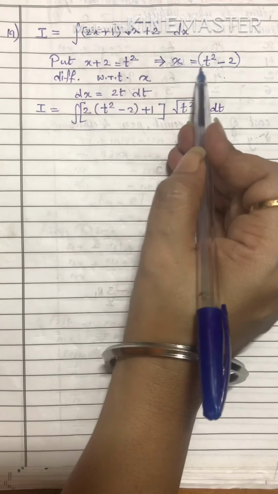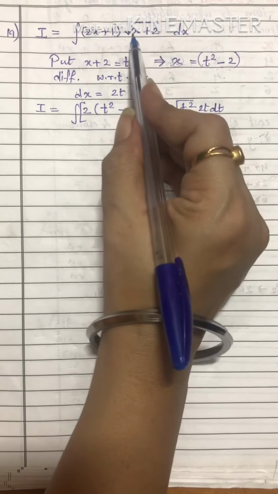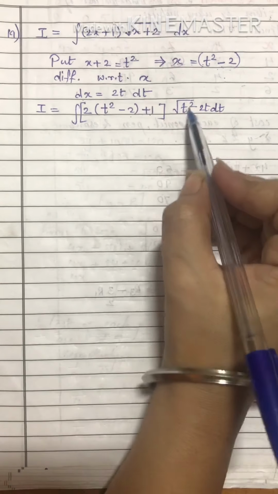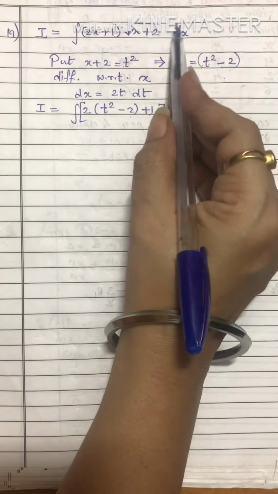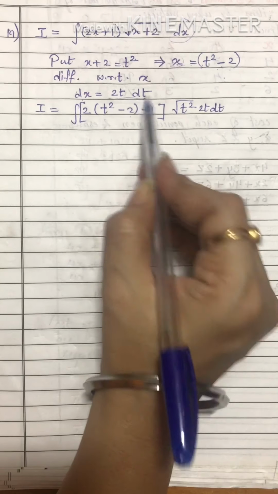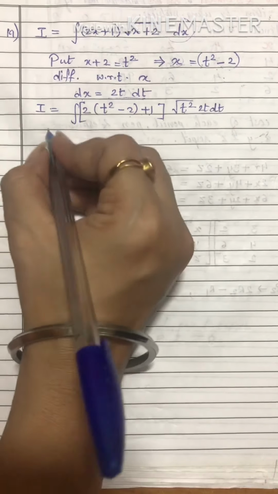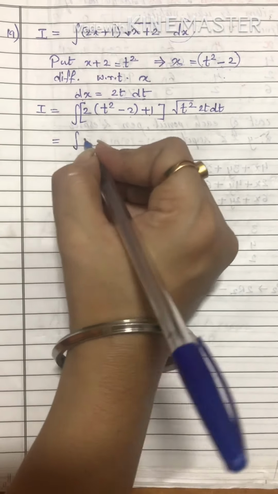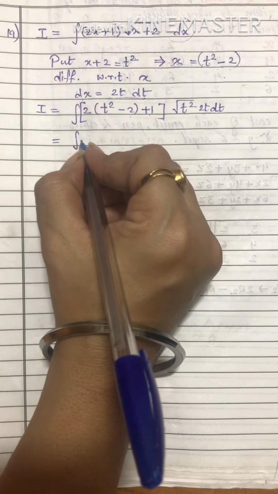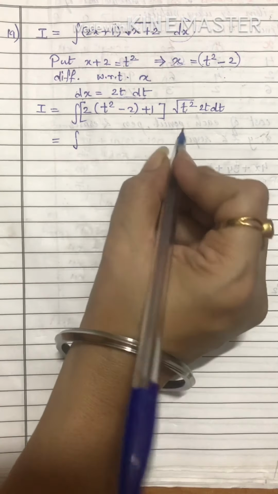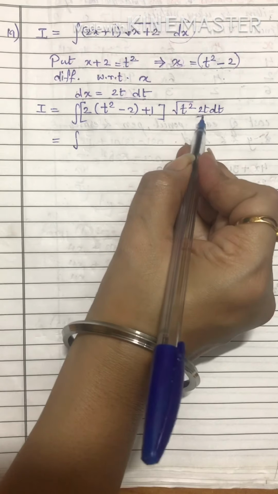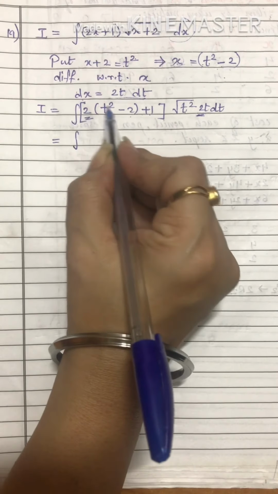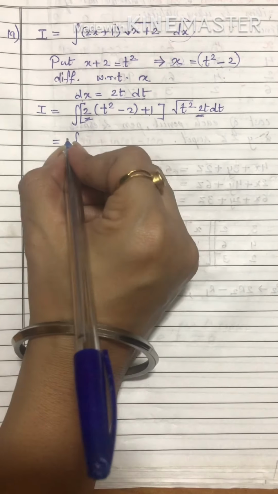Just check how I wrote this. 2x plus 1, the value of x I have taken from here, plus 1, into root of x plus 2, which is t square, so root t square, and in place of dx we got 2t dt, so I have taken that here. Let's solve it further. We get 2. Now we take this inside the bracket, and this 2 I'm writing outside.